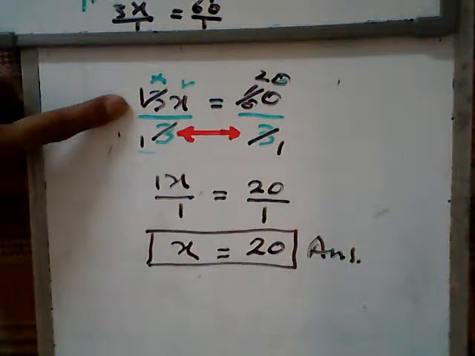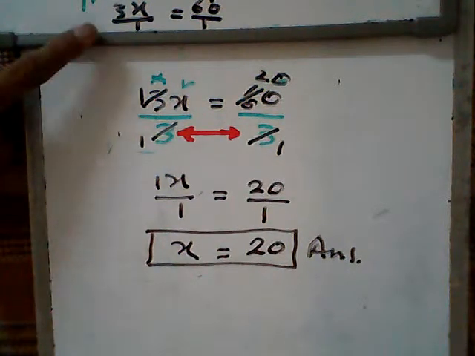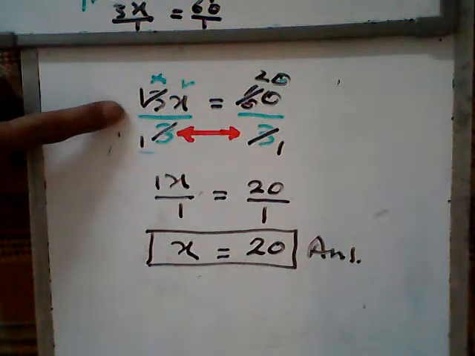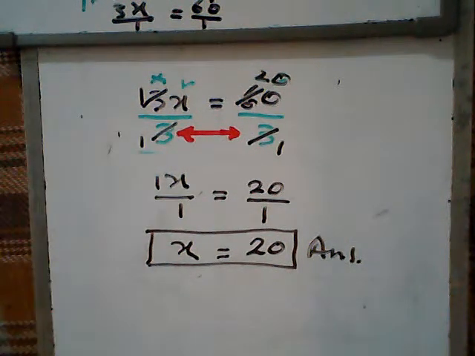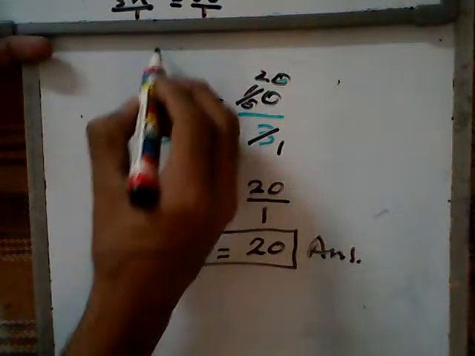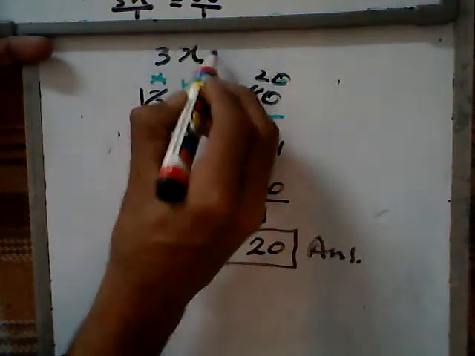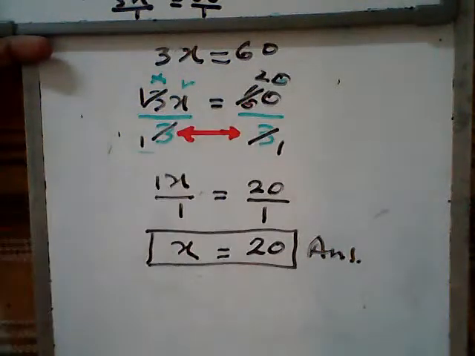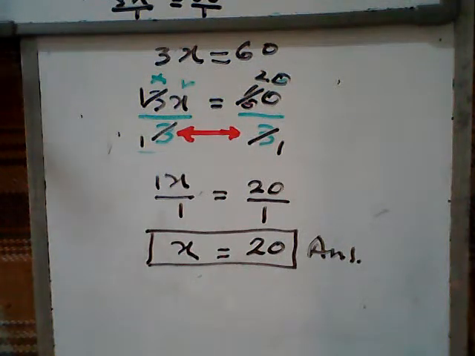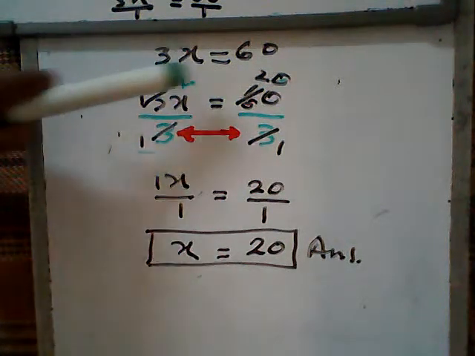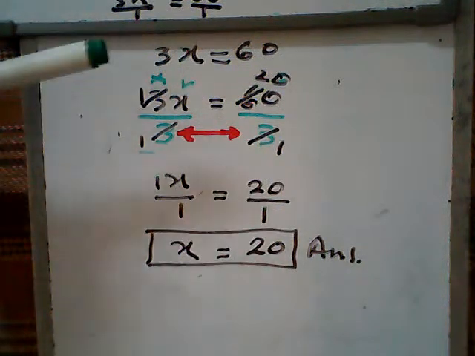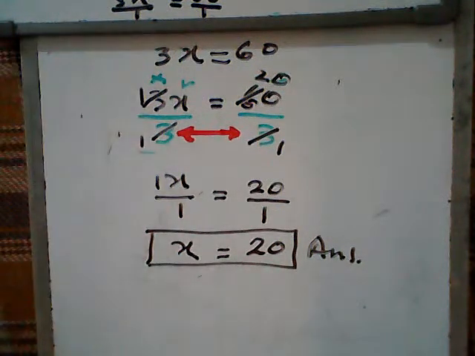Non-fractional equations means without any denominator terms, we can simplify it easily, because now this equation was 3x is equal to 60. This was our equation. So now 3x is equal to 60 has no fraction at all. That's why this becomes the previous question as we have done in the first one.